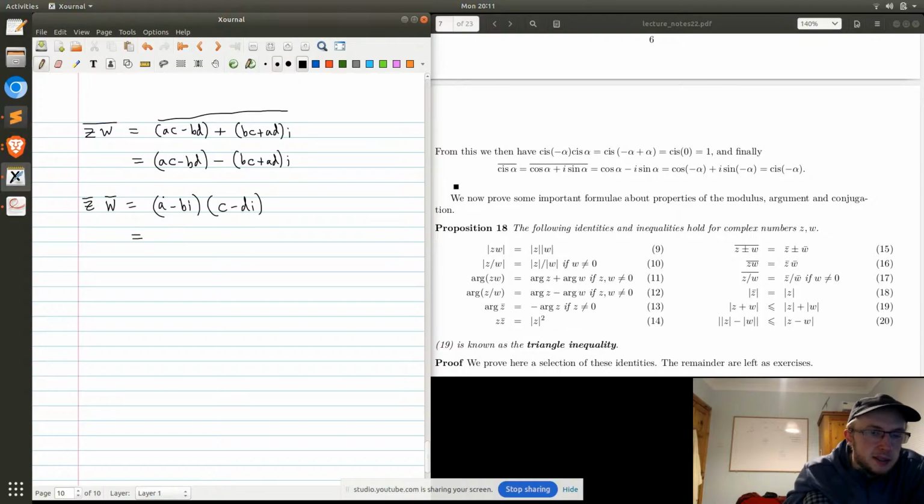And when we do that, we'll get ac minus bd for the real part. Then minus bc minus ad, and all of that is times i for the imaginary part. And then finally, we extract out that minus sign, and we have what we're looking for. Okay, now I believe it.